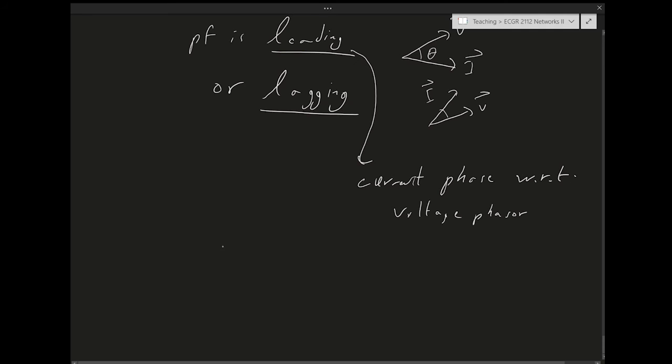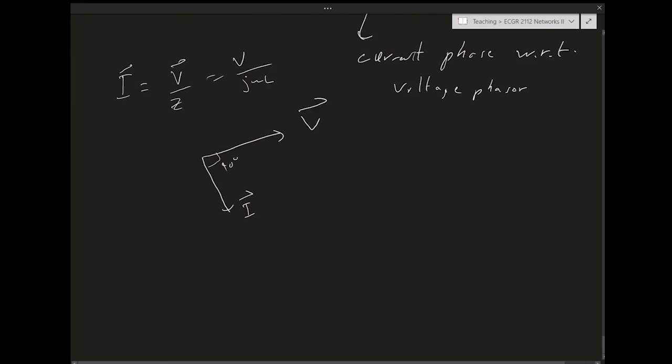For example, current for an inductor. So I for an inductor is V over Z, which is V over j omega L. So for an inductor, the current is lagging the voltage by 90 degrees.